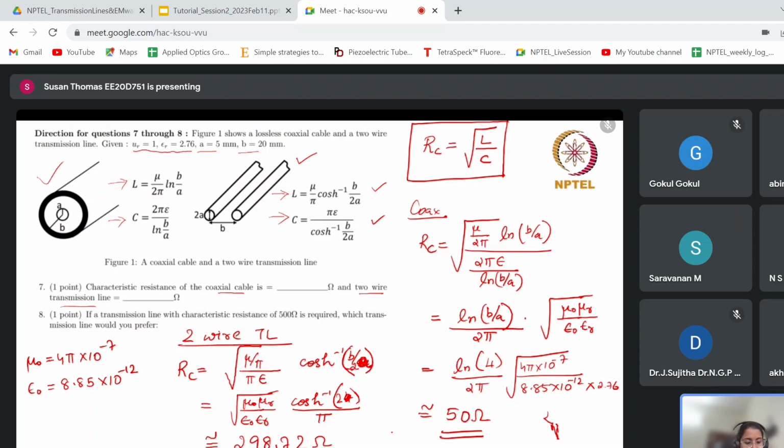So the next question is very interesting. That is, if a transmission line with characteristic resistance of 500 ohm is required, which transmission line would you prefer?